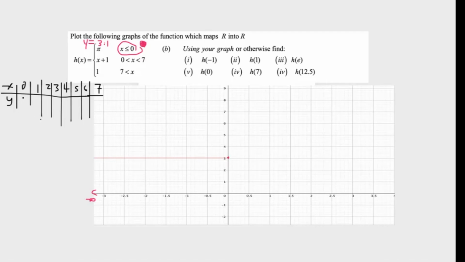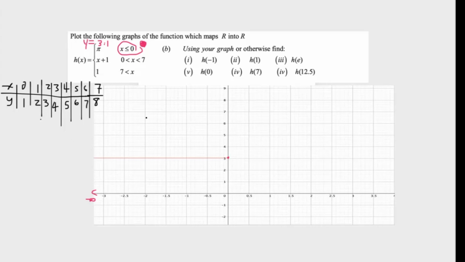So 0 plus 1 is 1. X equal 1, 1 plus 1 is 2. X equal 2, 2 plus 1 is 3. X equal 3, 3 plus 1 is 4. X equal 4, 4 plus 1 is 5. X equal 5, 5 plus 1 is 6. Then this would be 7, and then we have 8.